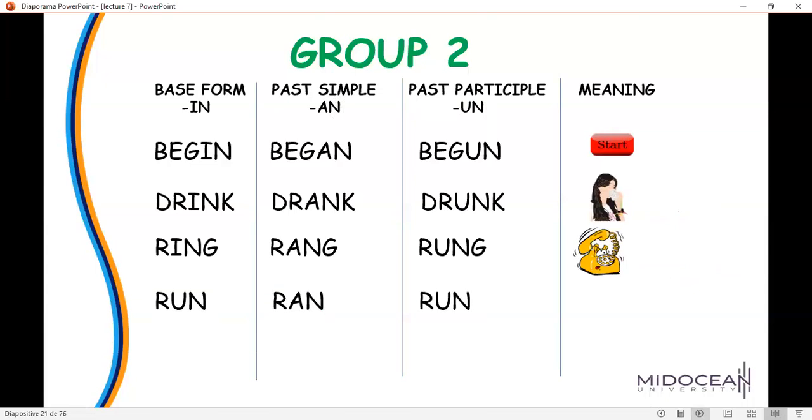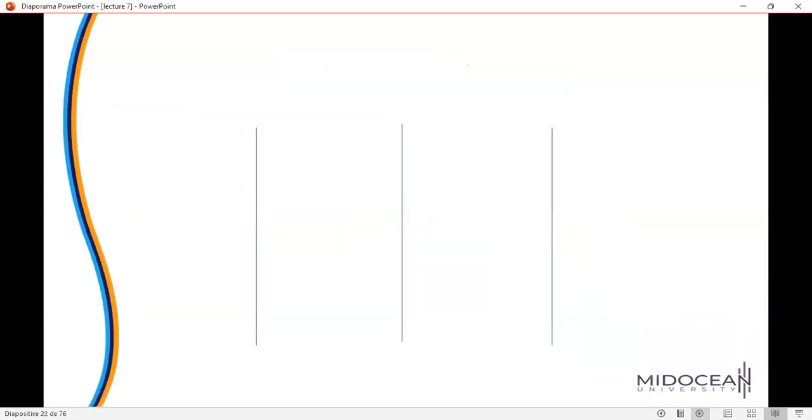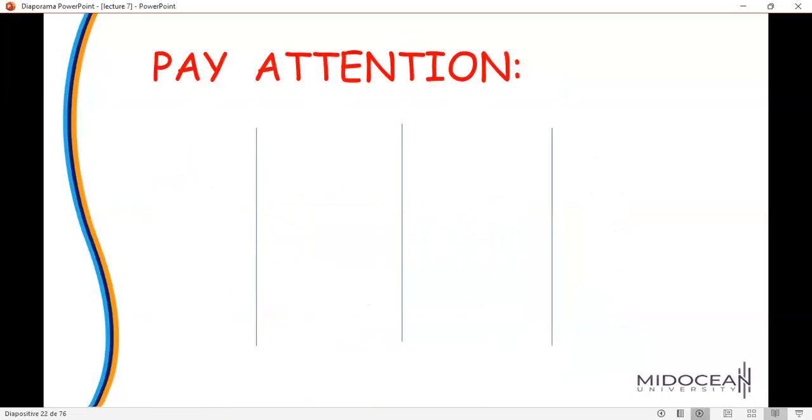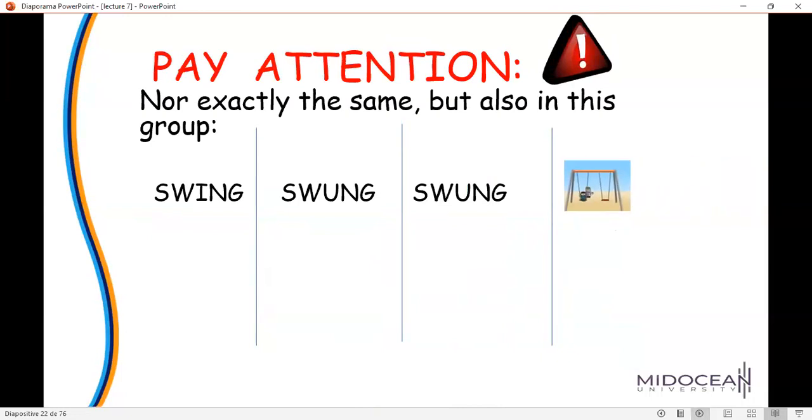Run, you have past simple ran, past participle run. Sing, simple past sang, past participle sung. Pay attention now. So you have swing, swung, swung, swim, swam, swum.